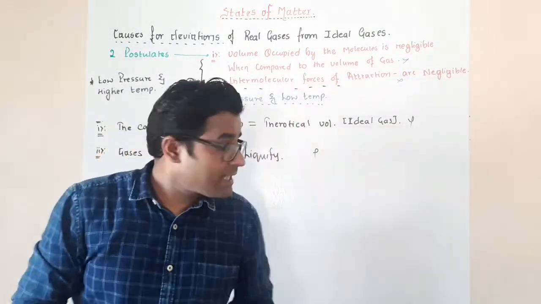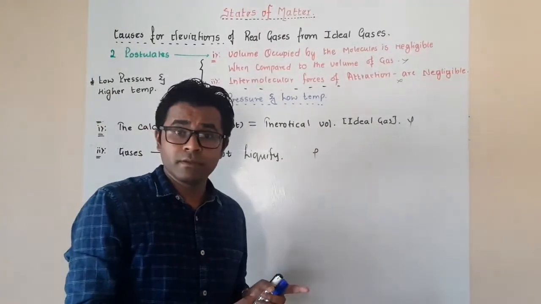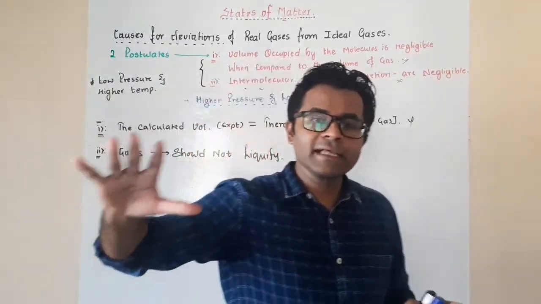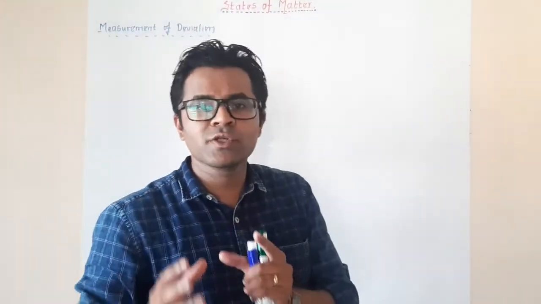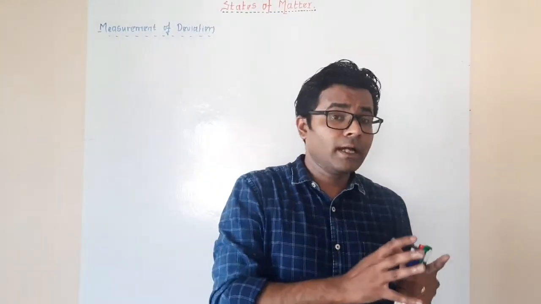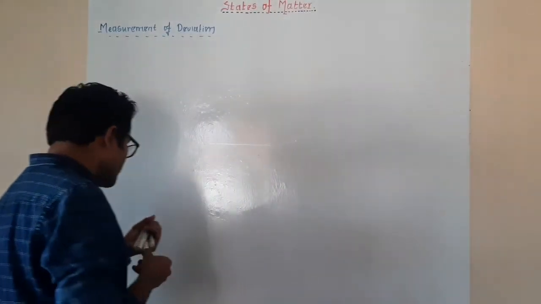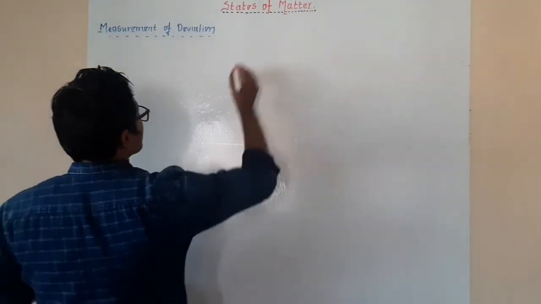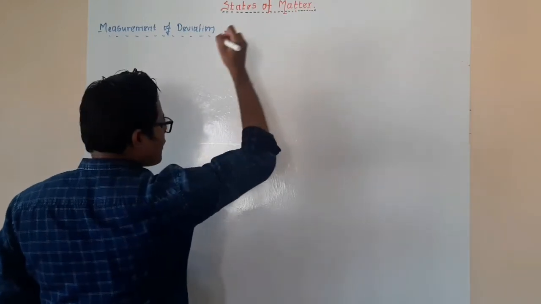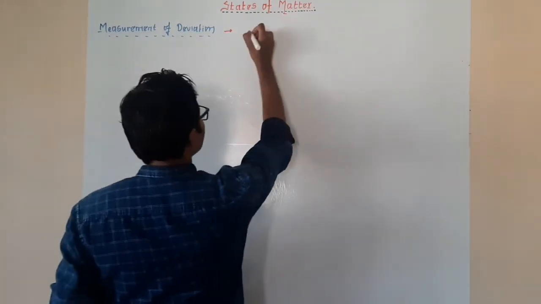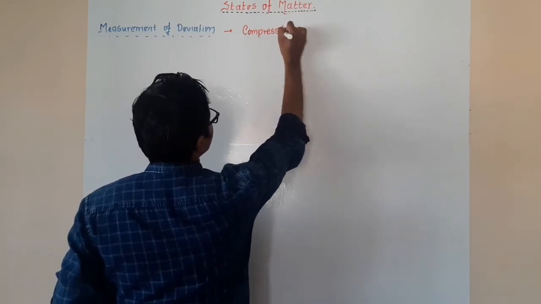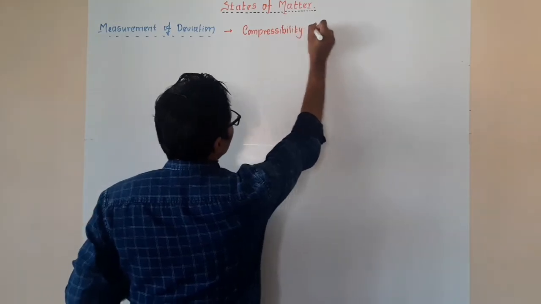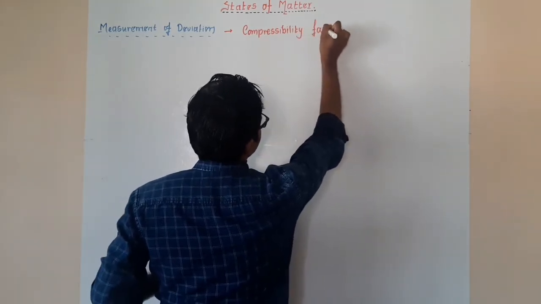Okay, now the next concept that we need to understand is how we measure the deviation of real gases from ideal gases. In order to measure the deviation of the real gases from the ideal behavior, we take the help of the compressibility factor.